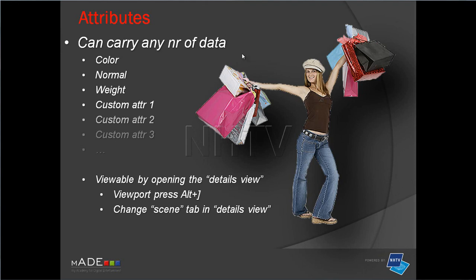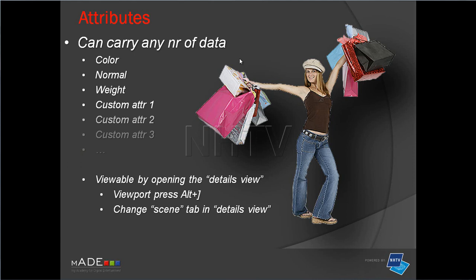For example, a point has a set of attributes which are necessary in order for it to be there, and a set of attributes which you can add. For example, one of the attributes a point really needs is a position attribute. Without a position, the point wouldn't have any place in space.